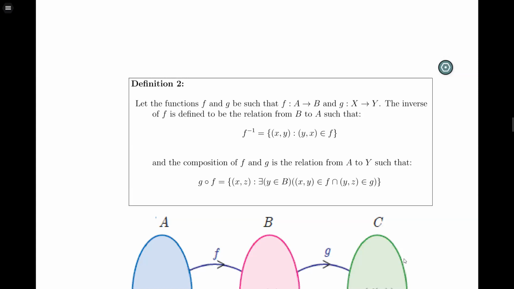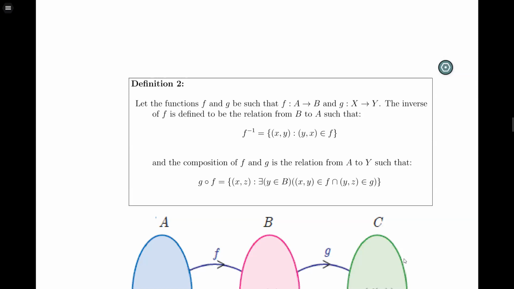And then the composition of f and g is the relation from A to Y, such that g compose f is equal to the pairs (x, z) such that there exists a y in B such that our ordered pair (x, y) is in f and our ordered pair (y, z) is in g.